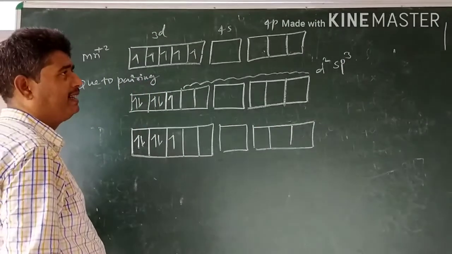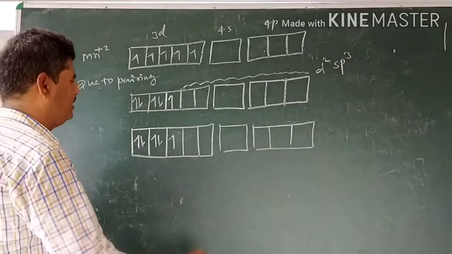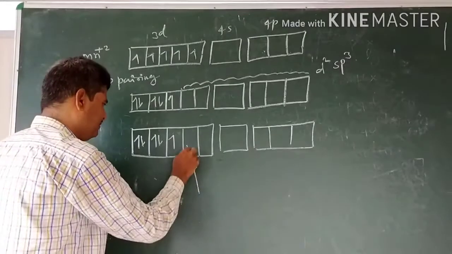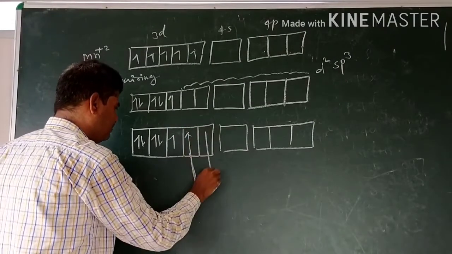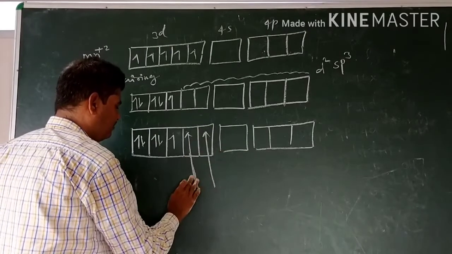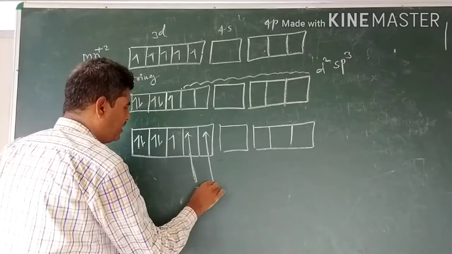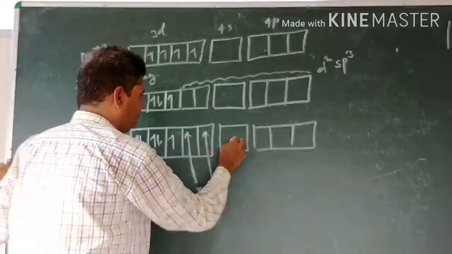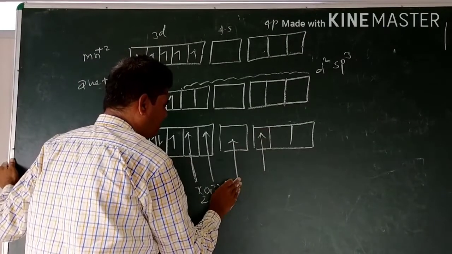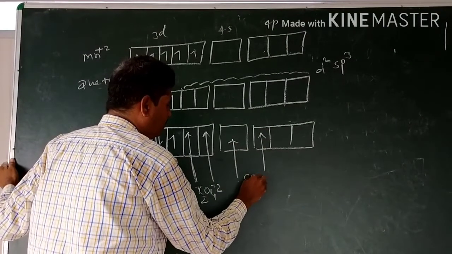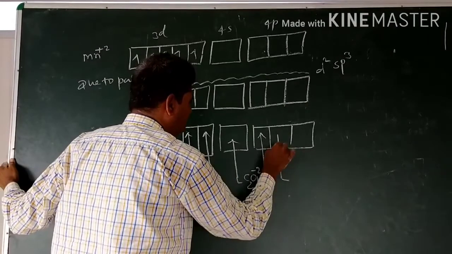Oxalate is a bidentate ligand. One oxalate will form 2 coordinate bonds alone. C2O4 minus 2 for these two, C2O4 minus 2 for these two.